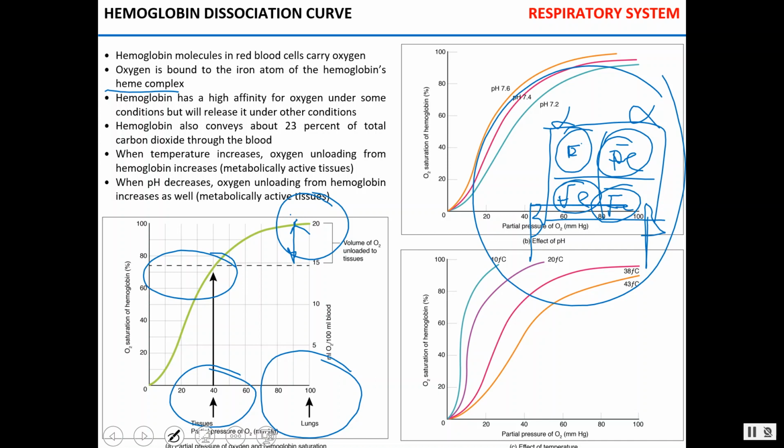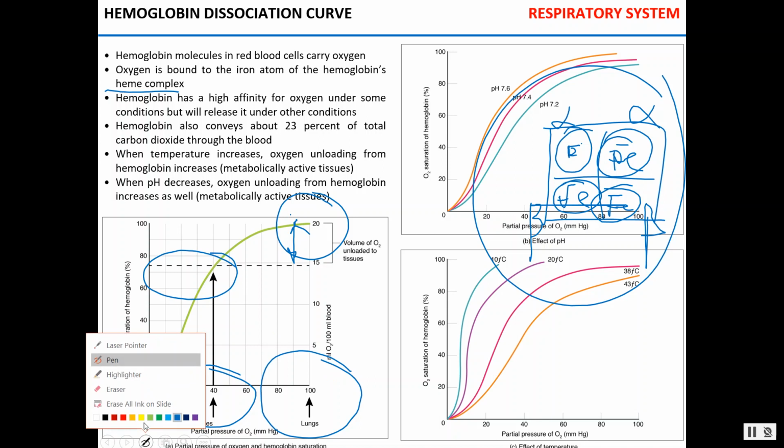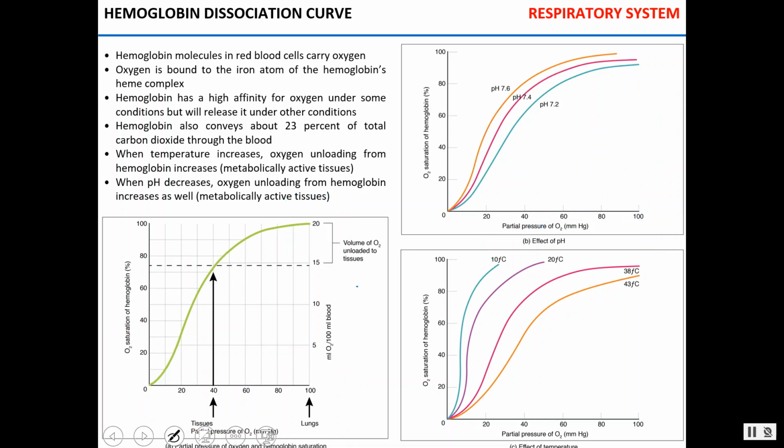Now, if you look at these two curves that show hemoglobin dissociation curves, you will see that when pH goes down, tissues become more acidic, or as temperature increases, tissues become warmer, the hemoglobin dissociation curve shifts to the right, which means that the unloading of oxygen from hemoglobin into the tissues increases.